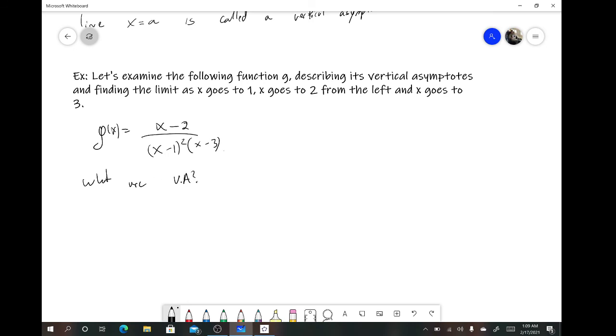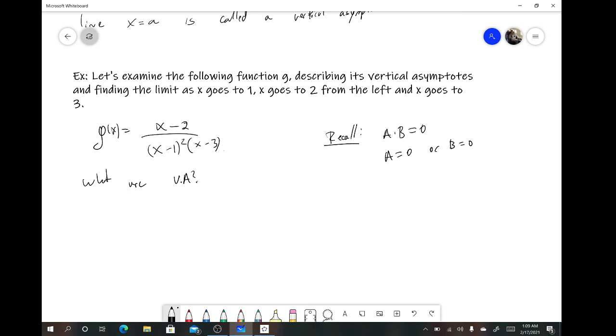Well, recall that the vertical asymptotes happen when the denominator is equal to 0. Also recall a well-known rule: if you have a times b equal to 0, then either a equals 0 or b equals 0.